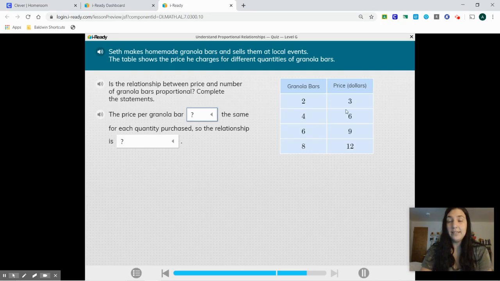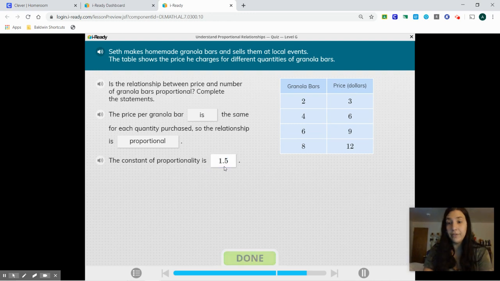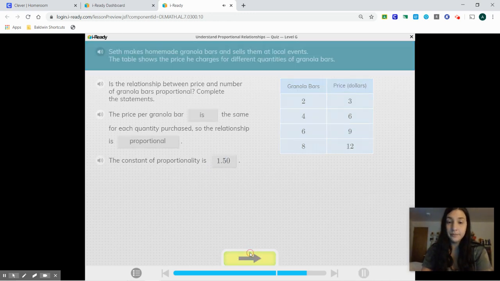And 12 to 8, same thing will happen. So yes, it is the same, and it is a proportional relationship. And the constant of proportionality is 1.5 or $1.50 per granola bar.